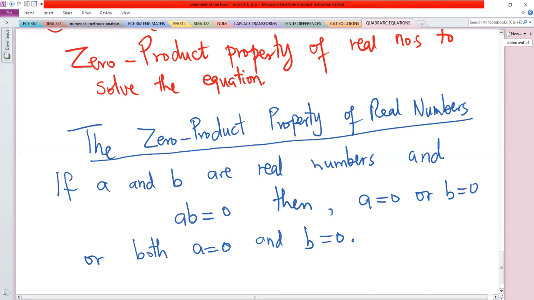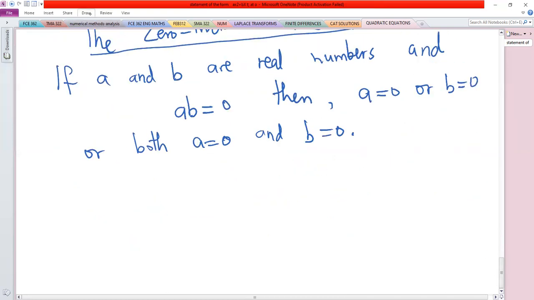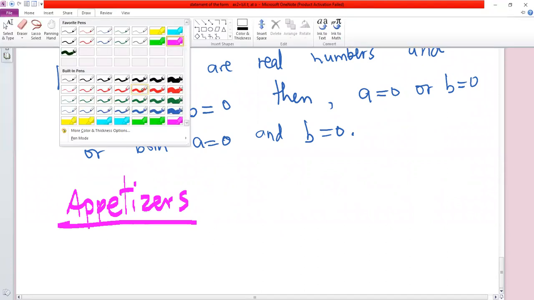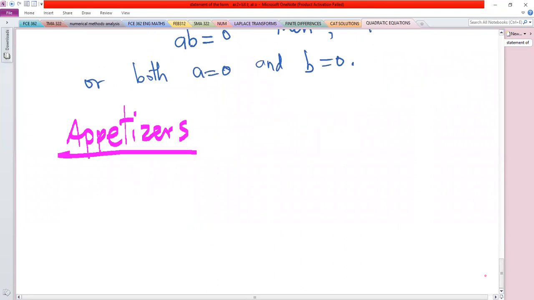Now, let's demonstrate how to solve quadratic equations by this method, factorization. So we start by solving the following by factorization method.